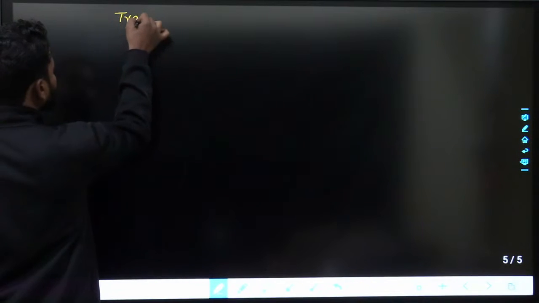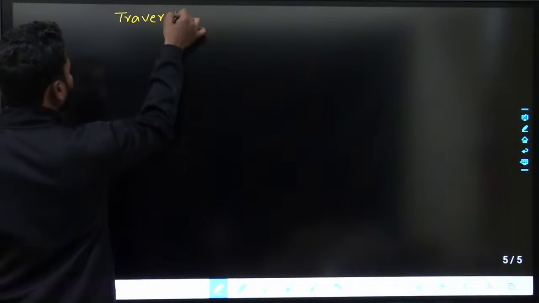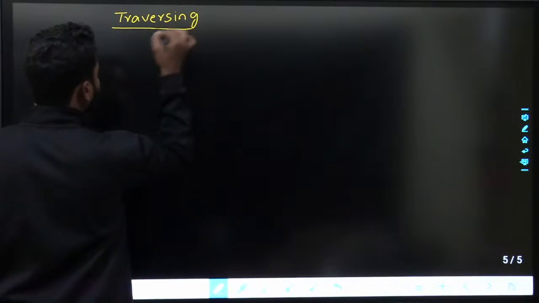Next one is traverse. In traverse, there are different types of traversing.